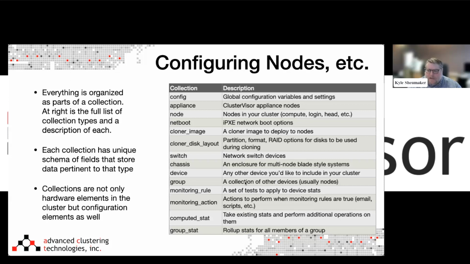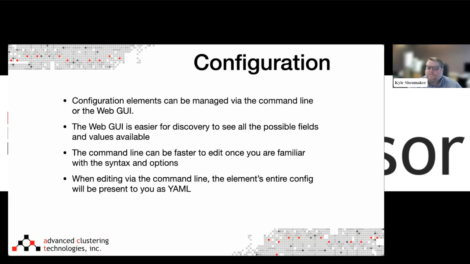For example, here we have this global config collection, which has all of the configuration for the entire system: global level configuration options, appliance for any appliance nodes, nodes for your nodes, network boot options, cloner images, disk layouts, switches, chassis, devices, monitoring roles, etc. So all of this is stored in this centralized database as part of ClusterVisor, and again, managed completely from a web GUI.